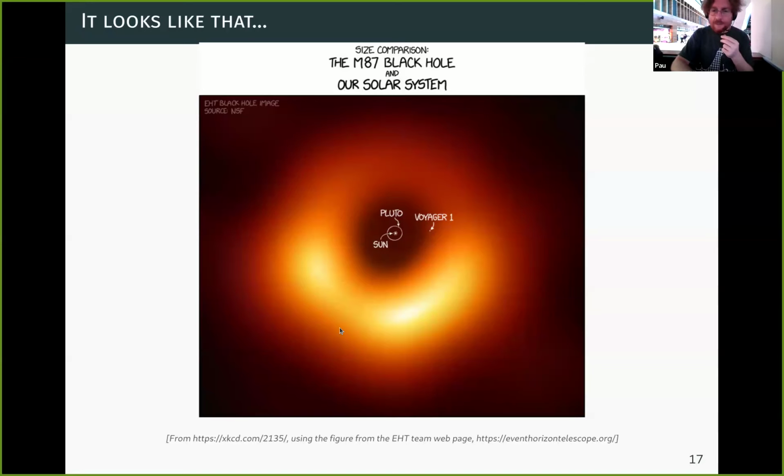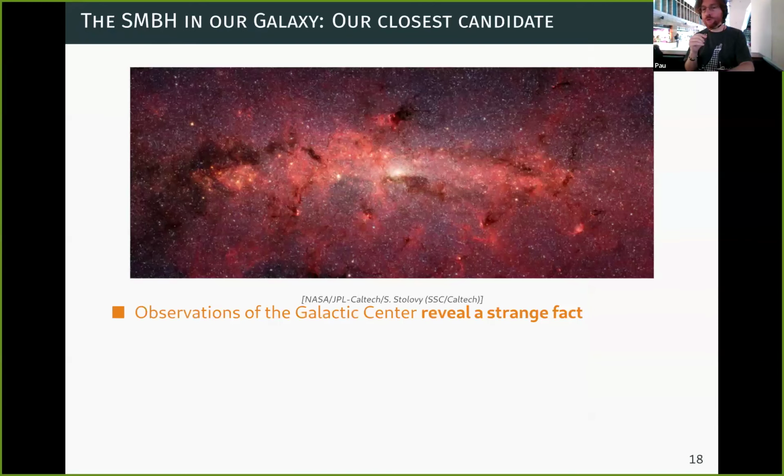Now, I must say that I like very much all of the colors that you can find in these Event Horizon Telescope plots. For me, the most appealing piece of information is what you can do with astrometry at the galactic center. When you look at the galactic center, something very strange happens.